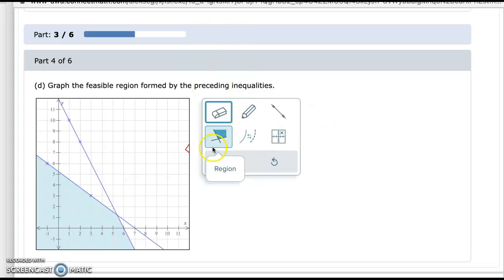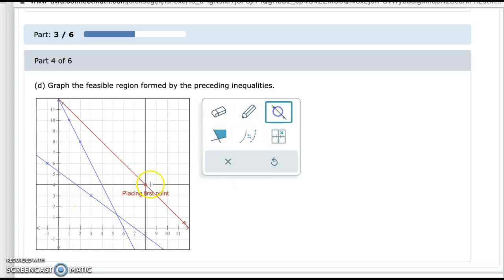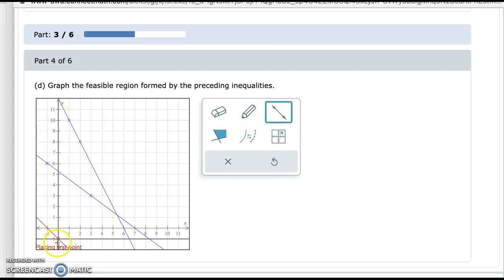I'm going to erase this too because I forgot, we also had the two lines: x was greater than or equal to 0, so we've got a line there, and y is greater than or equal to 0, so we've got a line there. So the only region that I'm shading is where it all would work. This is the only place that it would all work.